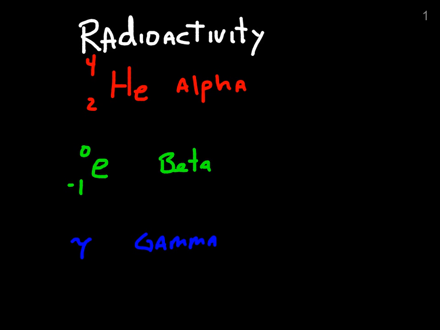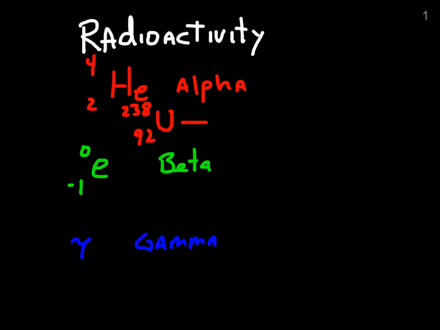Now, I'm going to show you how the chemistry works on these. And I'll go back to an alpha particle. So I'll take, for example, the nuclear decay of uranium. And the uranium that I'm using is uranium-238. So that's the atomic mass. The atomic number of uranium is 92.